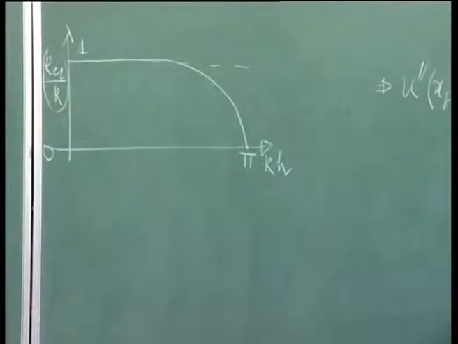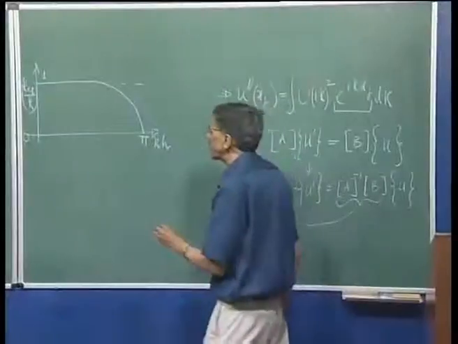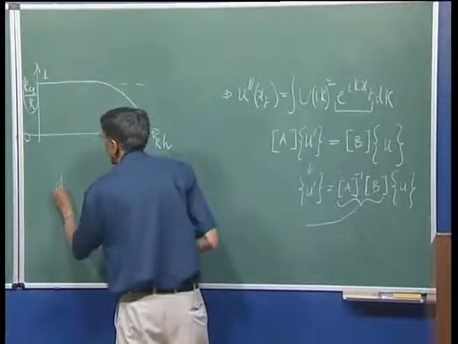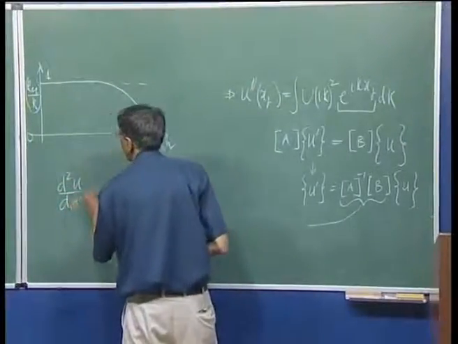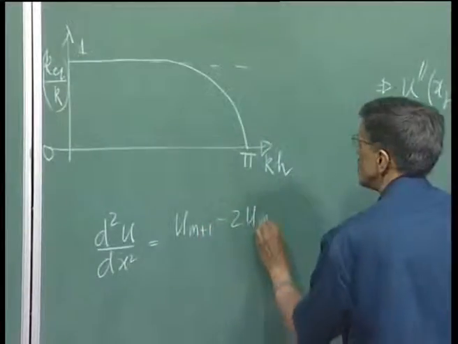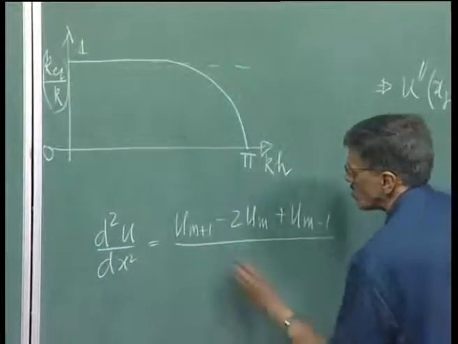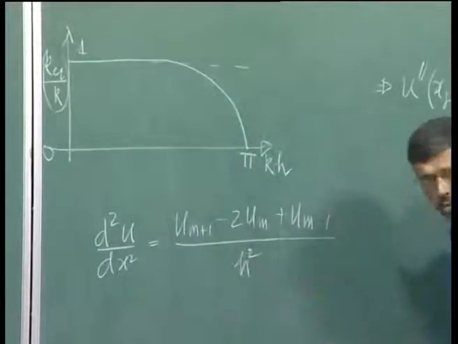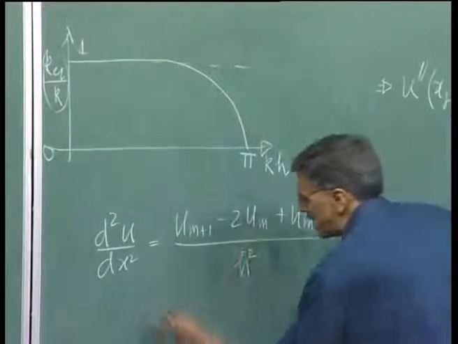However, you notice what happens if I evaluate the second derivative by explicit schemes. If I do it like this, and if I use the Fourier Laplace transform, what do I get?